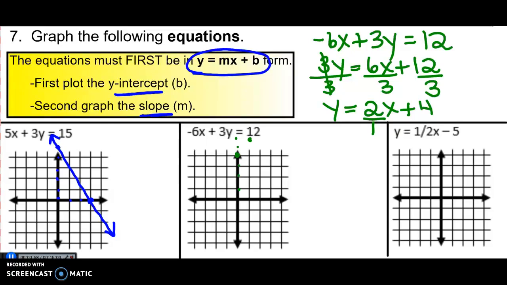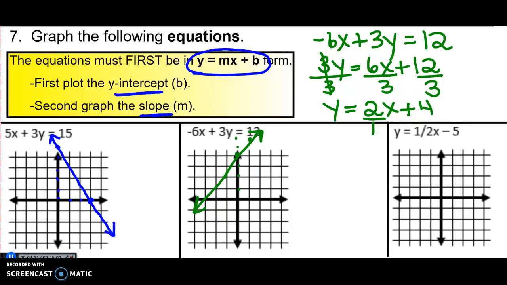But we could do it on the other side. We could go down 2 and over 1. That would give us the same result. And we draw the line in. So let's think about this again. Our y-intercept is at 4. We can double check that that is right. And our slope is positive, which means our graph should be increasing from left to right, which it is.